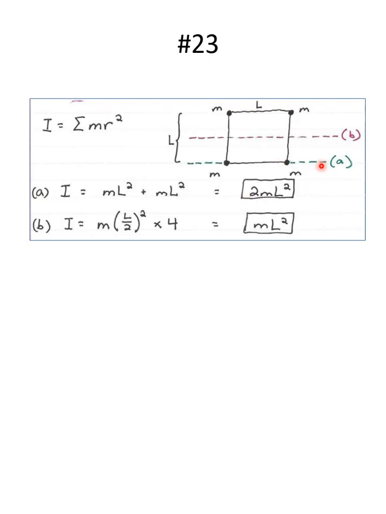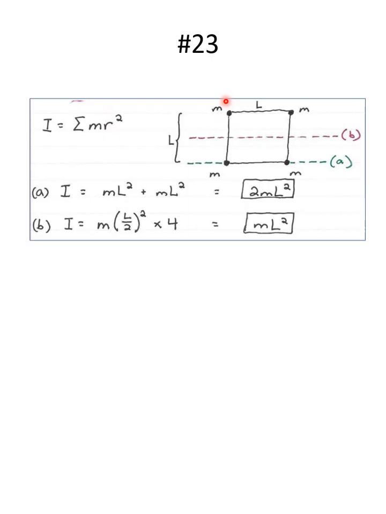Now part B says let's have the axis go, as you can see in my picture right here. The axis bisects the 2 opposite sides, just like this. Okay, so let's take, coming from the upper left mass right there, its contribution to moment of inertia is mass times its distance from the axis, which is L over 2, so L over 2 squared.